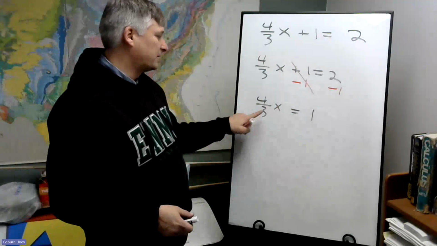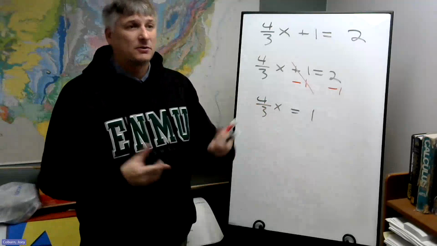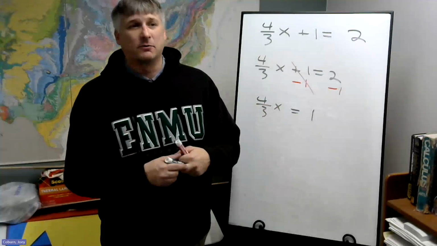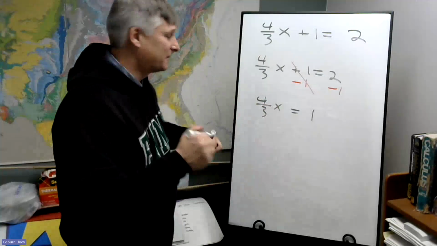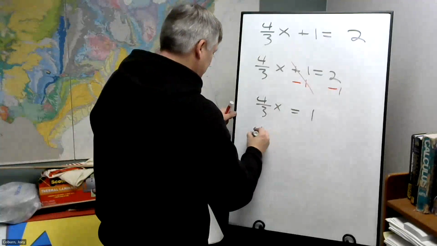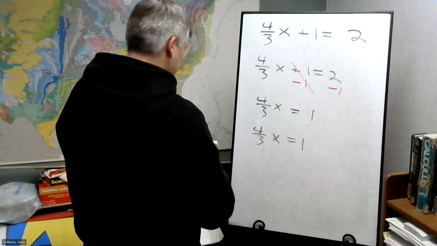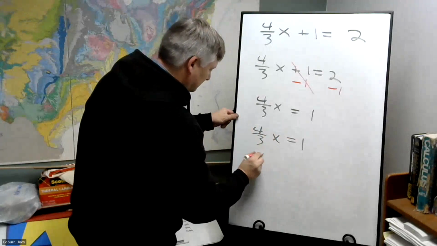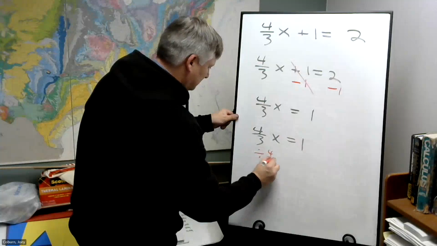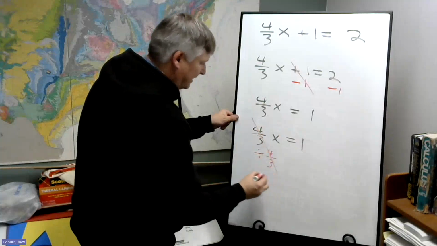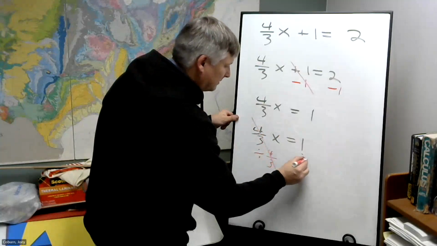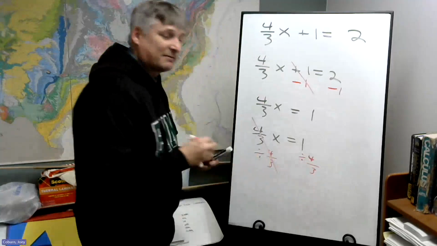One is this is 4/3 times x. So the opposite of multiplying by 4/3 is dividing by 4/3. So that'll cancel. And then what we did to one side, we have to do to the other.